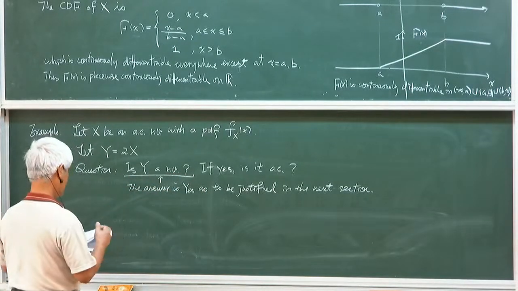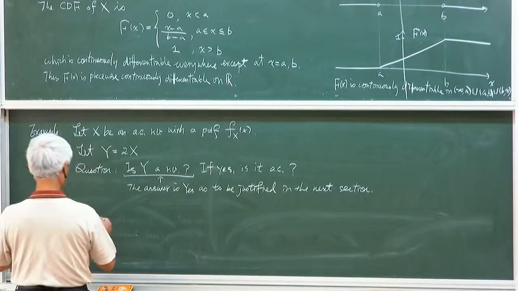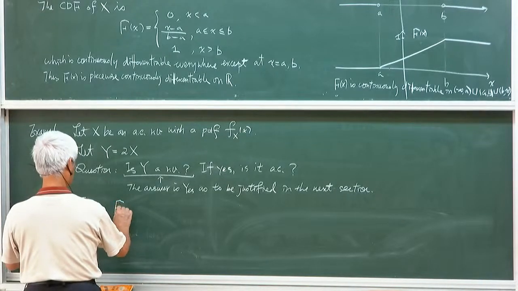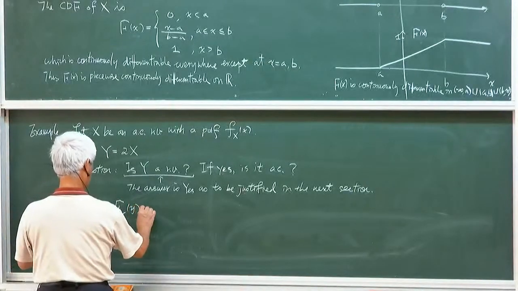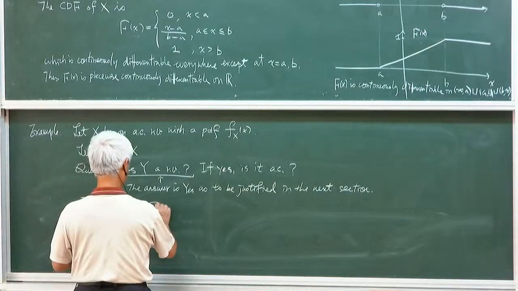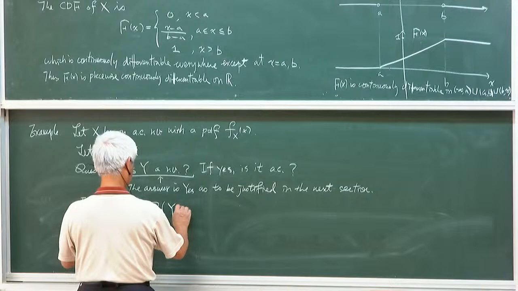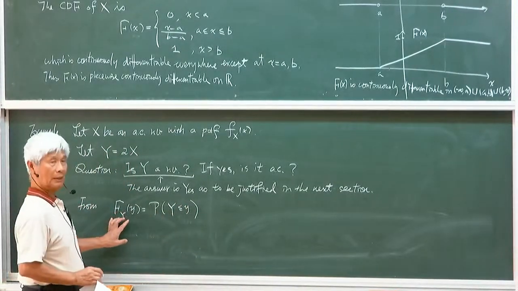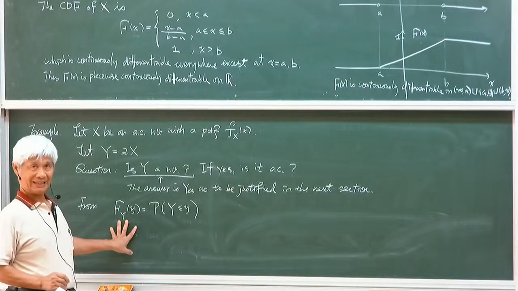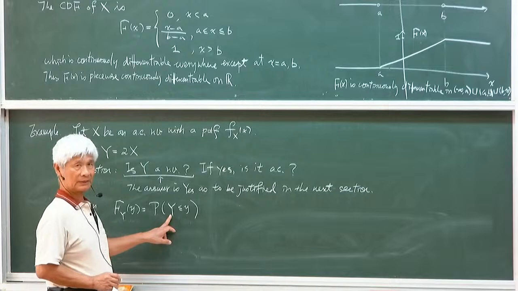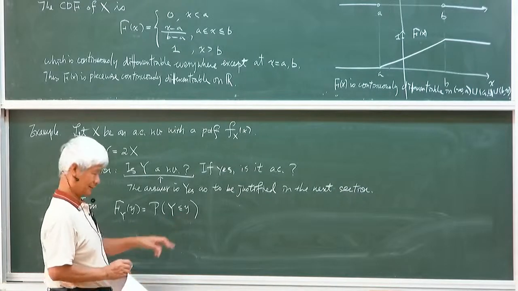So to find it, we look at the CDF of random variable Y here. By definition, the CDF of capital Y is the probability that the random variable capital Y is less than or equal to little y.